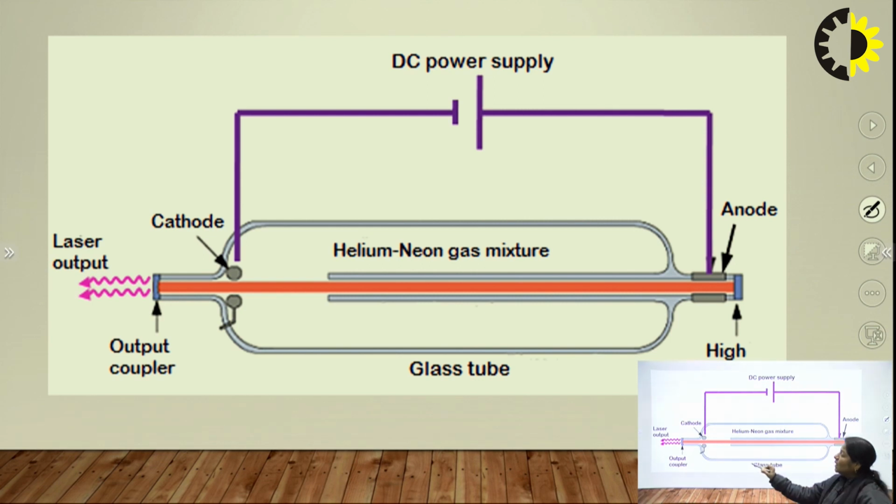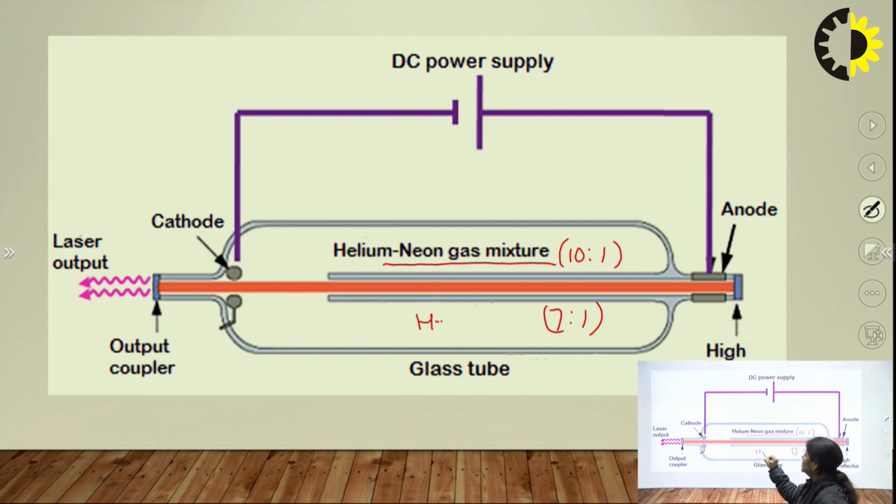You can see that we are having a glass tube in this laser, and in the glass tube we are having a mixture of helium and neon gas. Now, the mixture is in some ratio. In some helium neon lasers, the mixture is having one ratio, and in others it is having a 7:1 ratio.